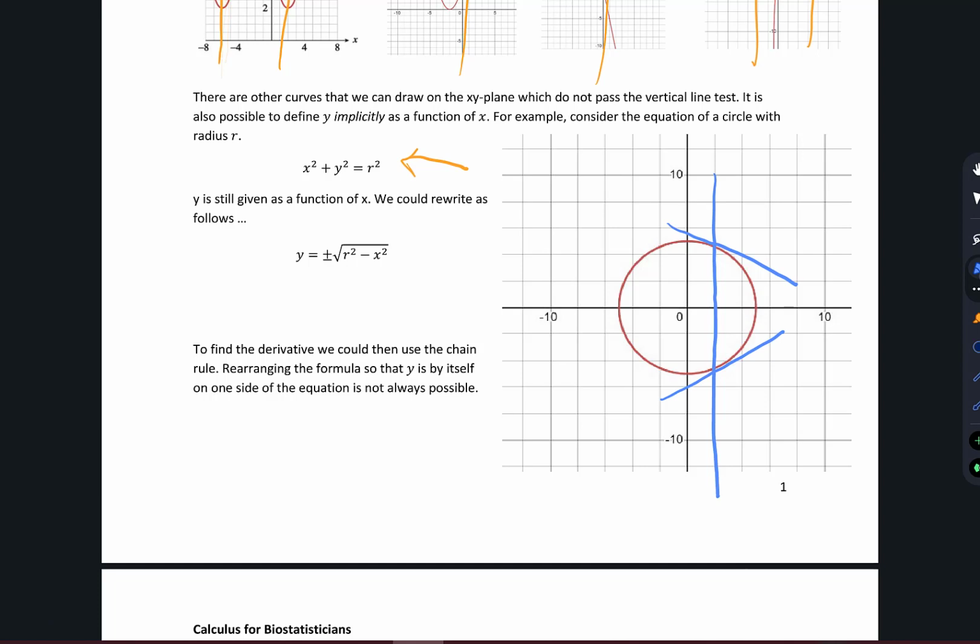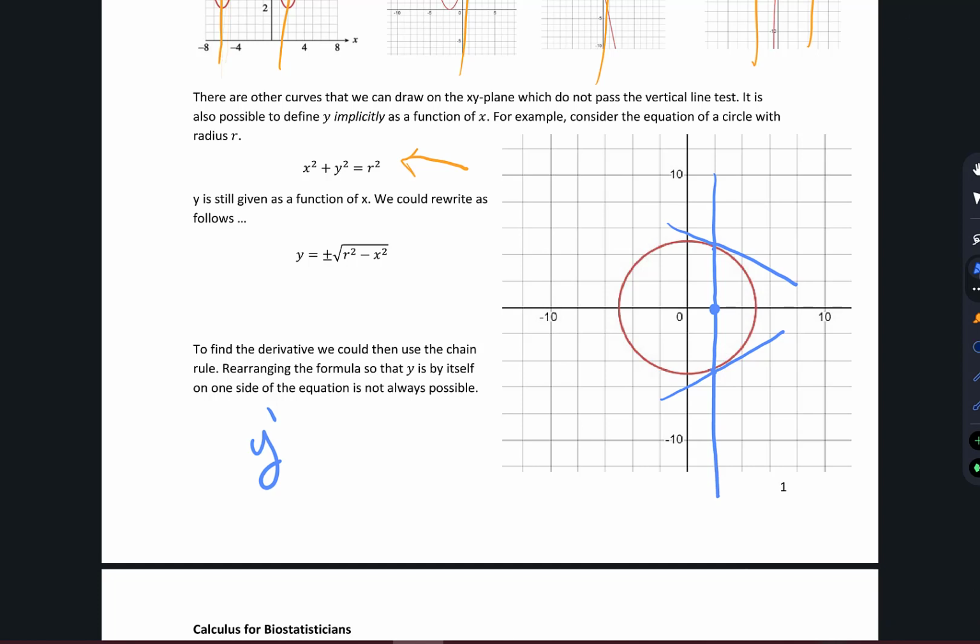And so when we talk about evaluating the derivative, it's no longer good enough to just know what x is. We actually have to know which of these y values we're at. And so what you're going to find is that when we find the derivative of y, or y prime, for these implicit functions, y prime, that derivative, is going to have y in its formula.